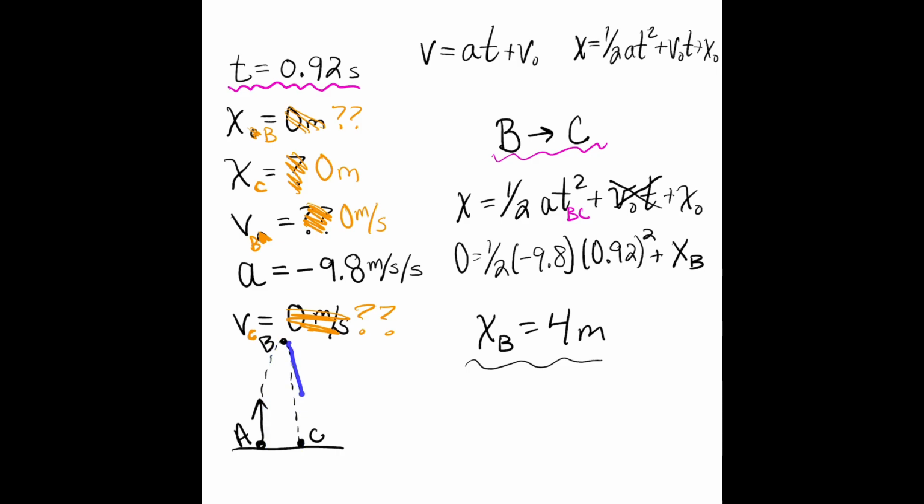The time from B to C is just half of that, because we learned that it's the same amount of time going up and down. So we would need to redo this and divide the time by 2. So we do 0.92 divided by 2, and we square that. And the answer we end up getting is about 1 meter.